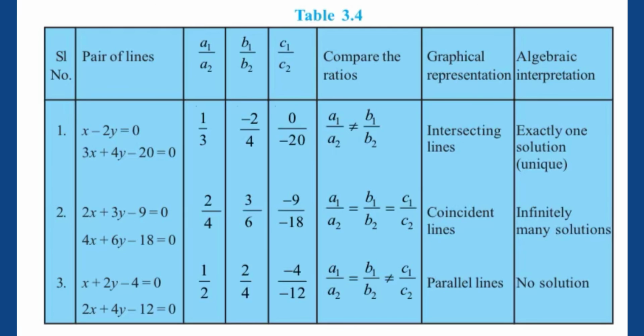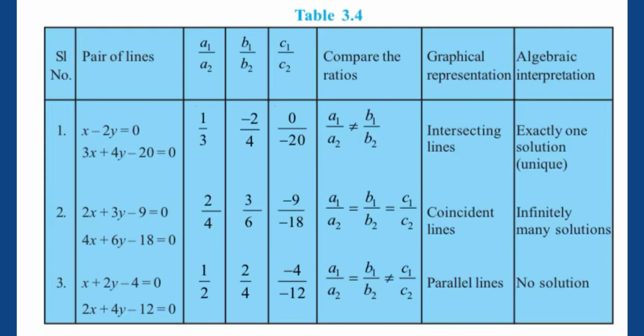Now for example 2, the equations are 2x plus 3y minus 9 is equal to 0 and 4x plus 6y minus 18 is equal to 0. So a1 by a2 is 2 by 4, b1 by b2 is 3 by 6 and c1 by c2 is minus 9 by minus 18. Now here you can see that all three of them, in simplest form, give 1 by 2.